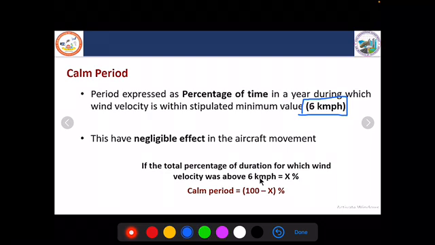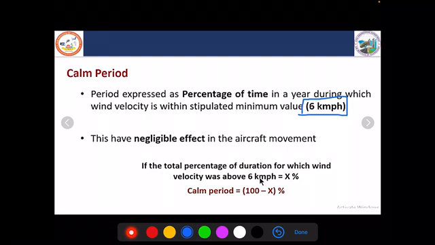If the velocity of wind is less than 6 kmph, it will not interfere with landing and takeoff operation. So the calm period is the duration in the year where the velocity of the wind is less than 6 kmph.